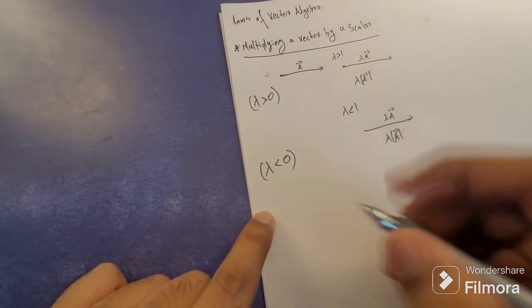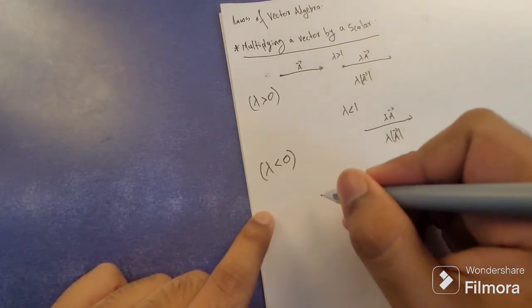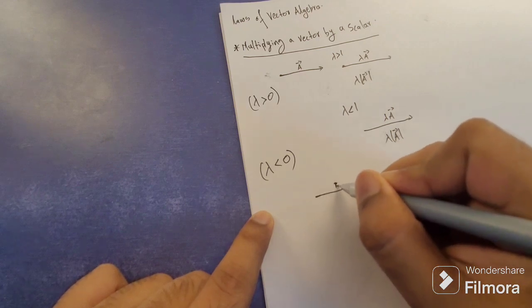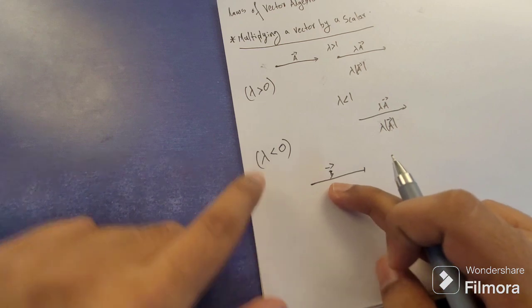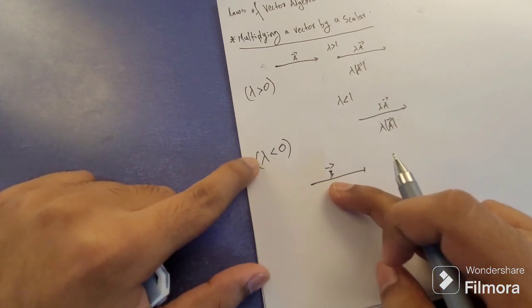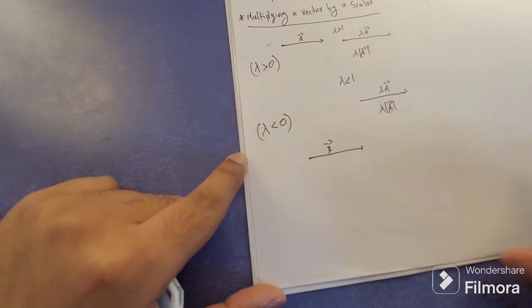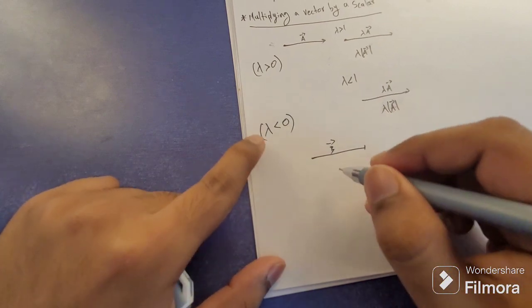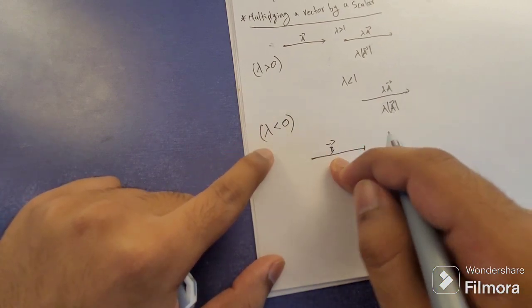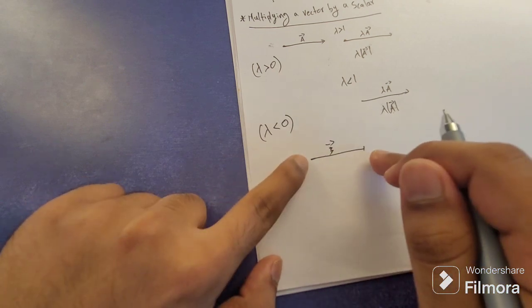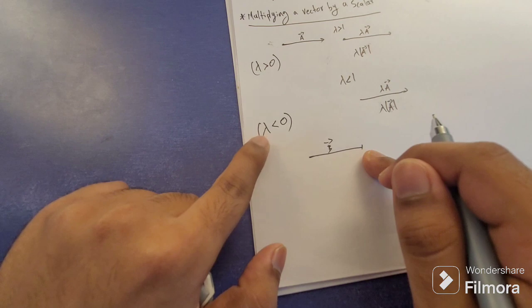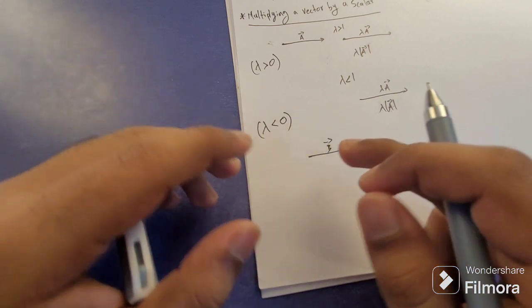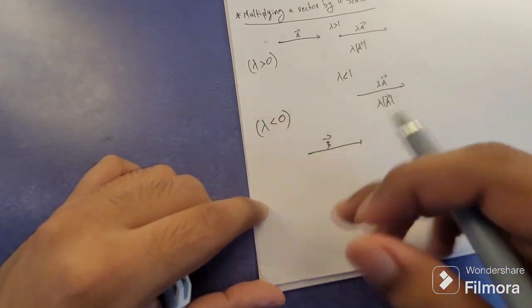So in that scenario, let's say if this is vector b, and we are multiplying this vector b by a real number lambda which is less than 0, then we'll get a new vector whose length will be greater than that of b vector or less than that of b vector, depending upon whether lambda is less than -1 or between -1 and 0. So let's take those two cases.